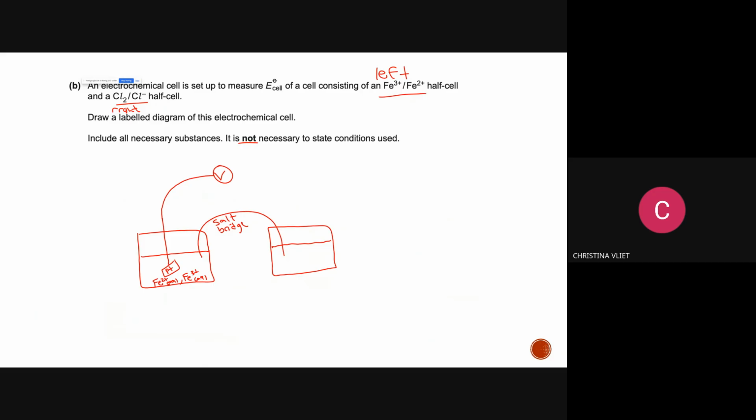On the other side, what do we got going on? Platinum. What's in here? Cl minus. Yeah, hydrochloric acid. That's probably your source of Cl minus. That makes sense to me.